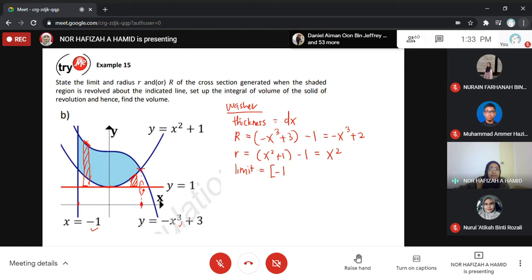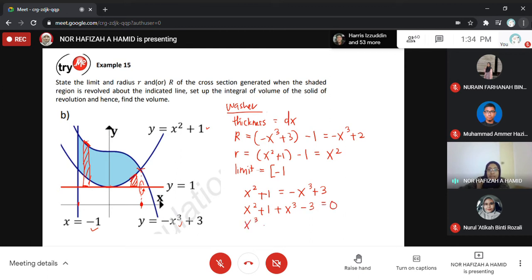Another point is the intersection between these two curves, x square plus 1 and negative x cube plus 3. So you solve the simultaneous equations. We have x square plus 1 equal to negative x cube plus 3. To solve, you transfer everything to one side, for example x square plus 1 plus x cube minus 3 equal to 0.